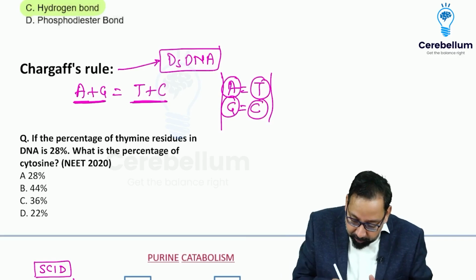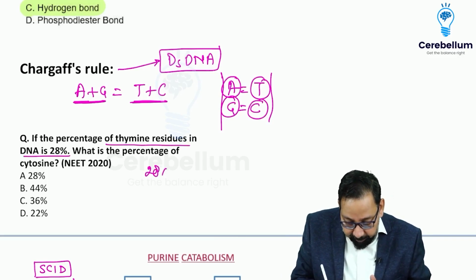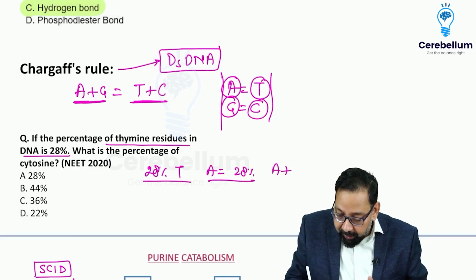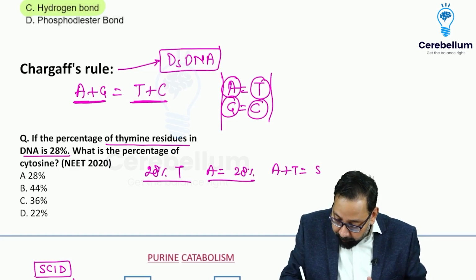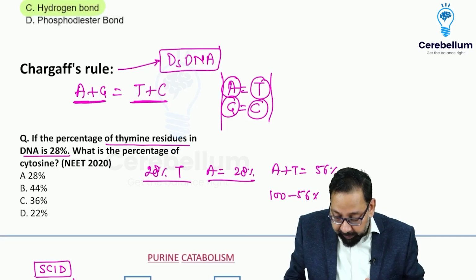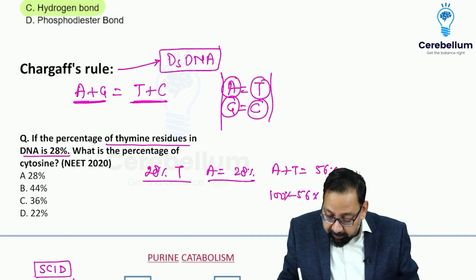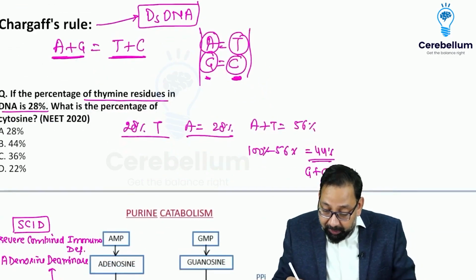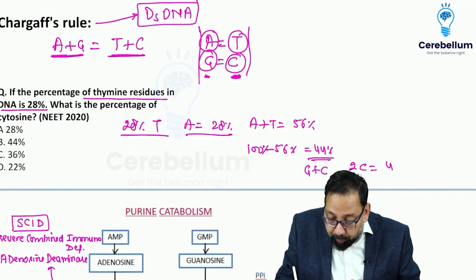Just like they ask a question that the thymine residue in DNA is 28% T. So A would be 28%. So A plus T is equal to 56%. Total 100% minus 56%, there would be 44% G plus C. You know the concentration of G is equal to the concentration of C, so 2C is equal to 44.